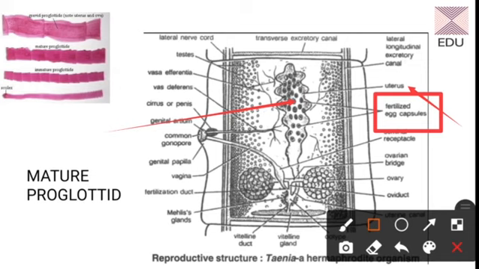That will be taken later on. This uterus receives the fertilized eggs, and these eggs get stored in this broader part. So this is the function of the uterus, to store the egg capsules. Now why they are called capsules, that will be taken up in the next part of the lecture.